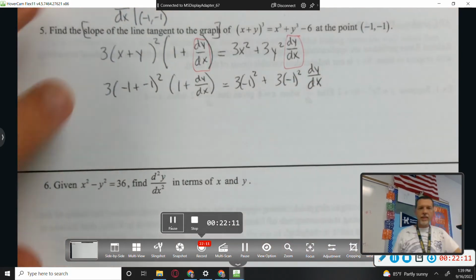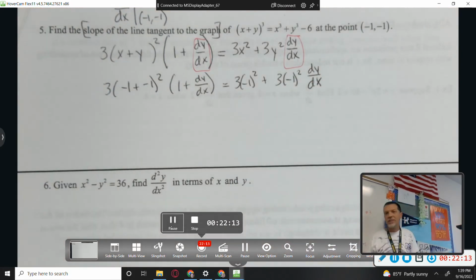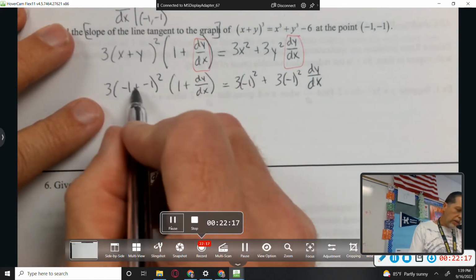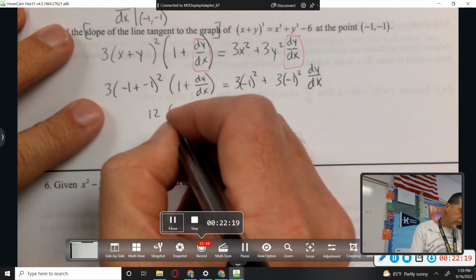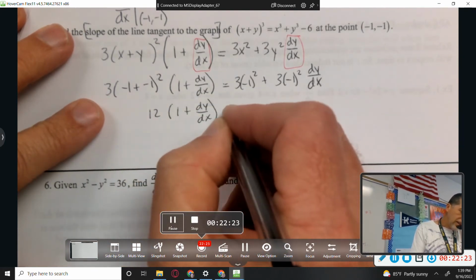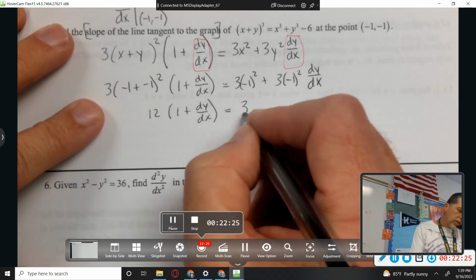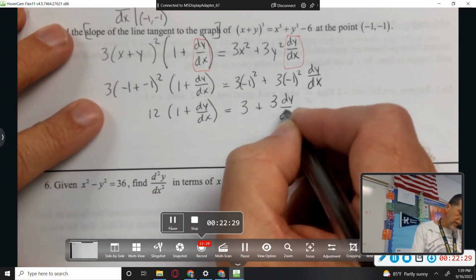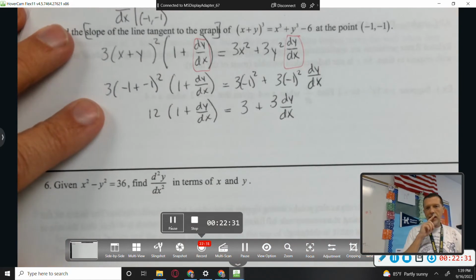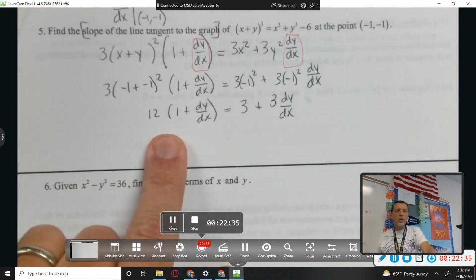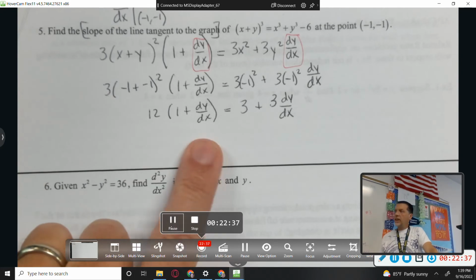The calculus part of this problem is over. We are now doing algebra. Let's see, 3 times 4 is 12. 1 plus dy dx equals 3 plus 3 dy dx. I'm going to have to distribute this 12 over here so that I can get all my dy dx's together.